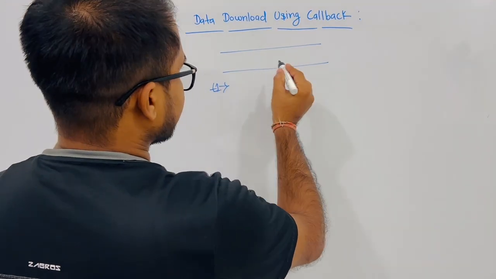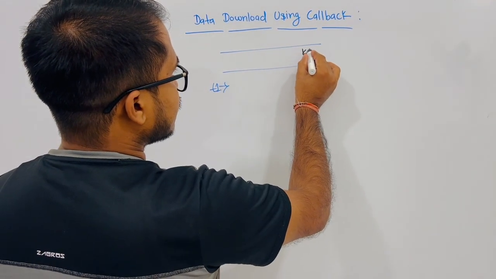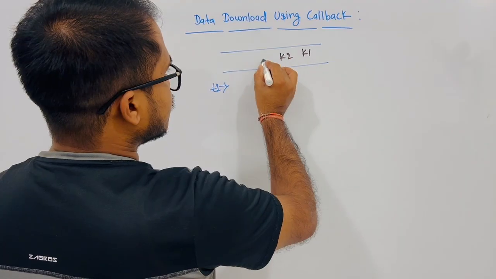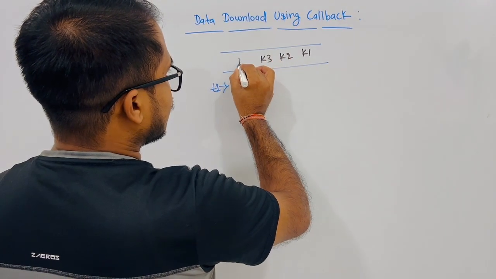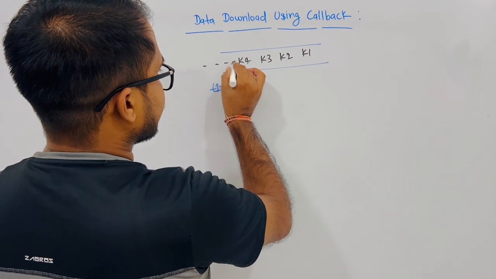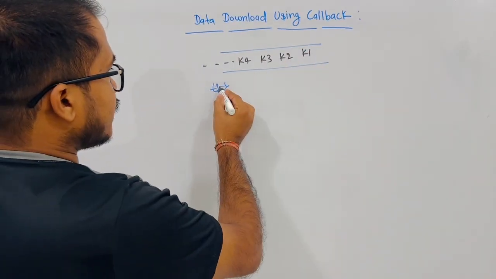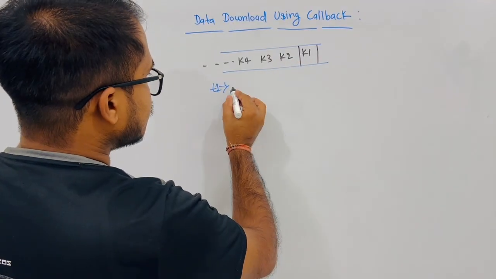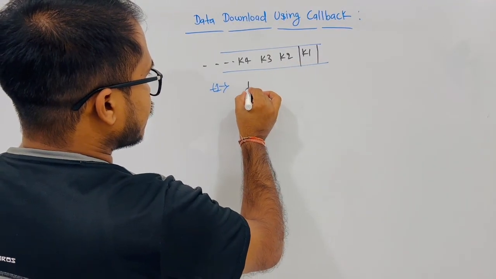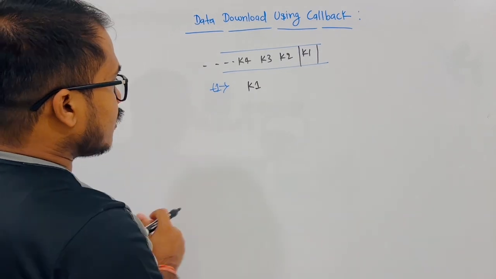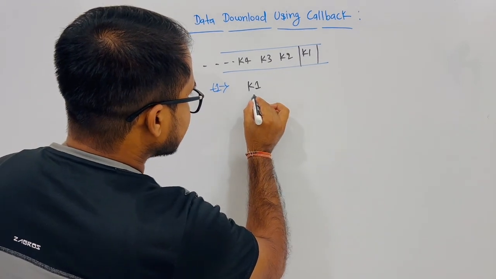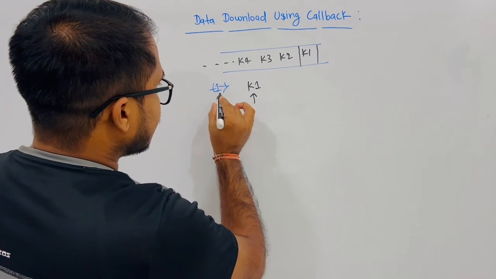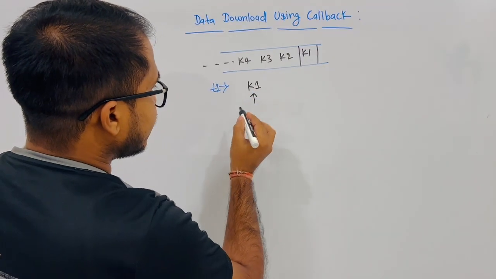Let's say the first task is K1, second task is K2, third task is K3, fourth task is K4, like that. T1 will pick a task from this queue and try to execute K1. But to complete the execution of K1, T1 might have to download the data.